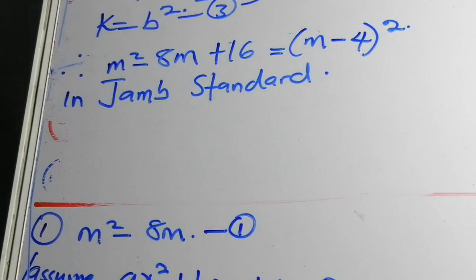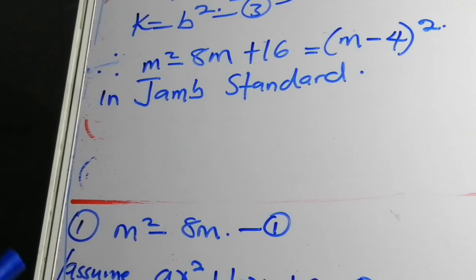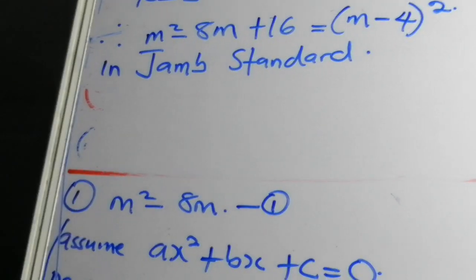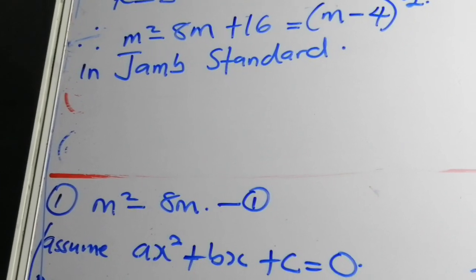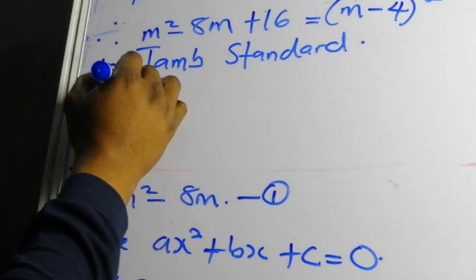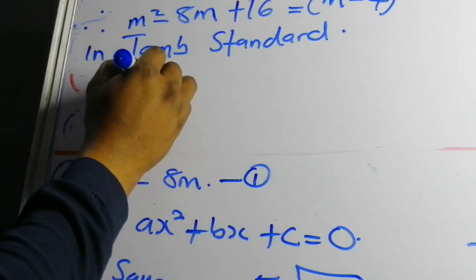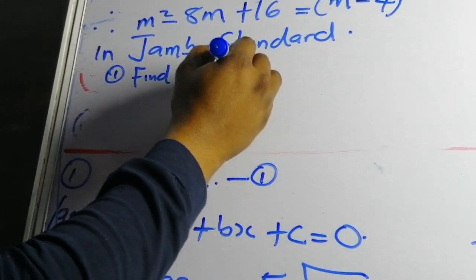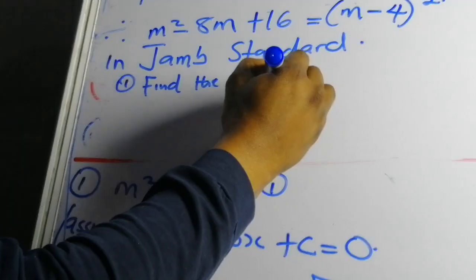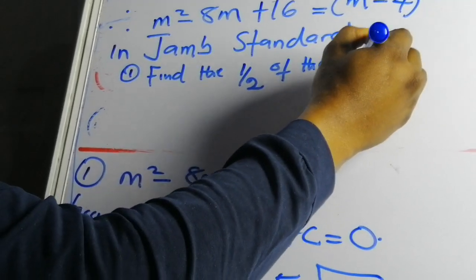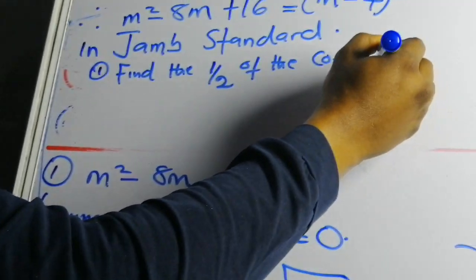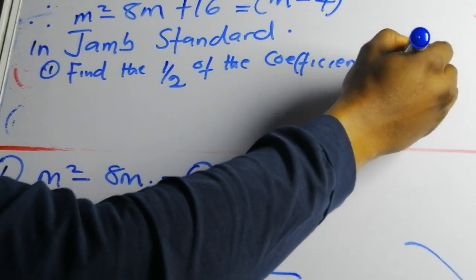if calculator is not involved and they ask you the same question, what value can you add? What you just need to do: one, find the half of the coefficient in the question.